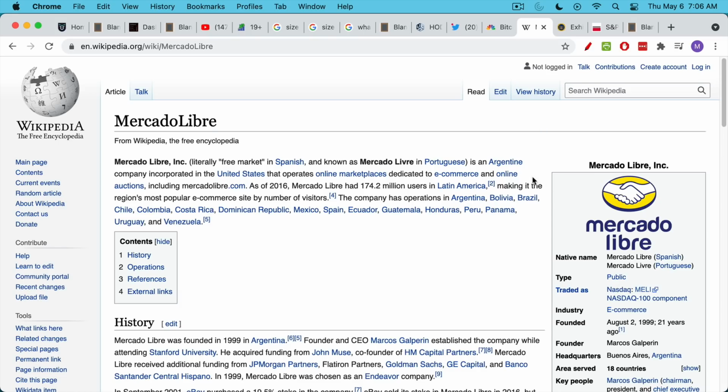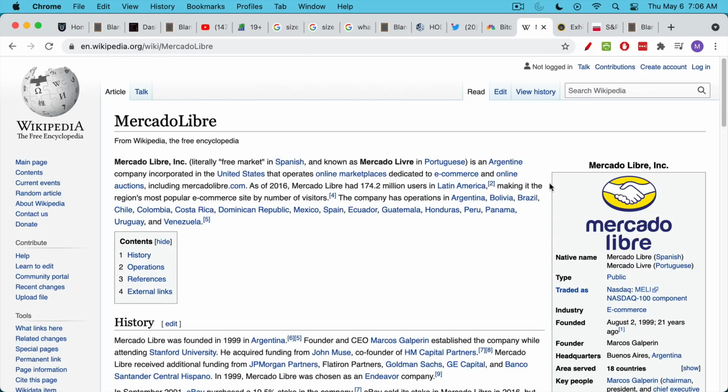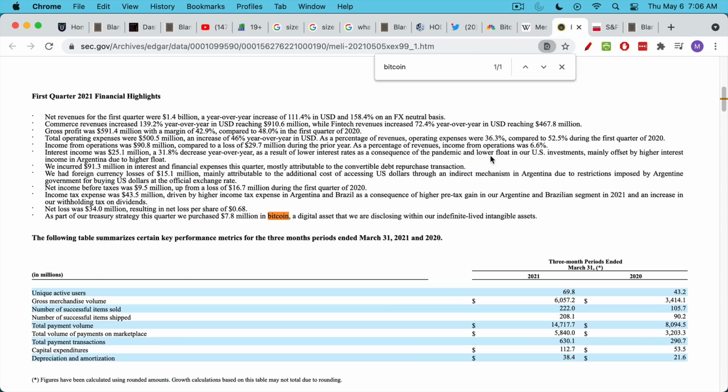Mercado Libre is actually a quite large international company based out of Argentina, an e-commerce company. And we just learned that they, in the last quarter, bought $7.8 million worth of Bitcoin and added it to their balance sheet.